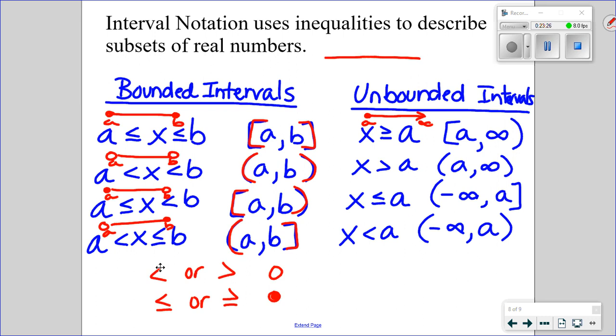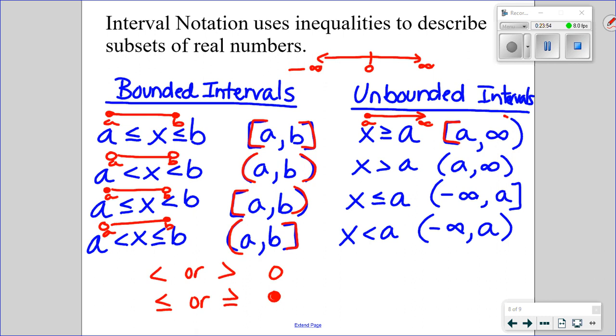Because keep in mind, on your number line, 0 is in the middle. If we go to the left forever, we're going to negative infinity. If we go to the right forever, we're going to infinity. Although keep in mind, we usually read a number line from left to right. So like in all of these examples, a would be less than b. All right, so notice for x is greater than or equal to a, we would use a bracket on the a.